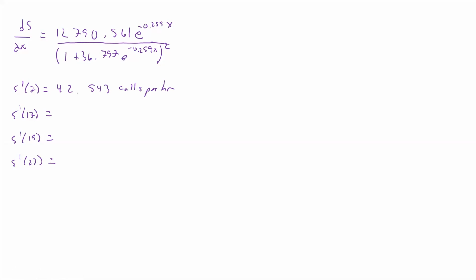And then if we change everything to a 17, that will give us 74.423 calls per hour. And if we now change it to 19, that gives us 57.979 calls per hour.